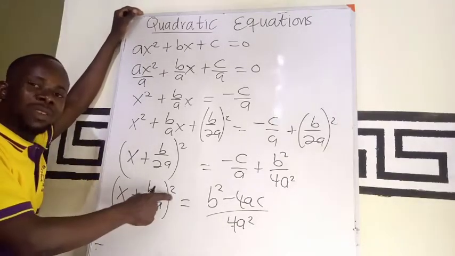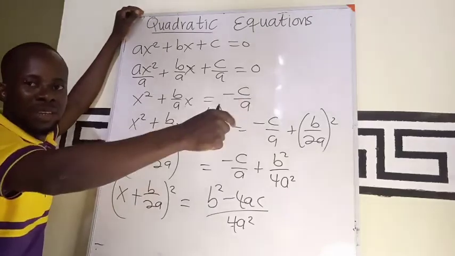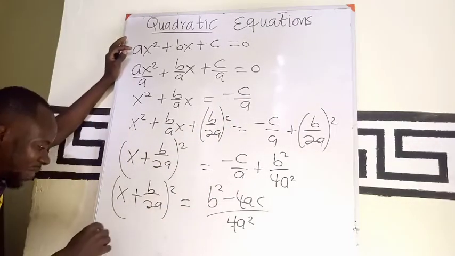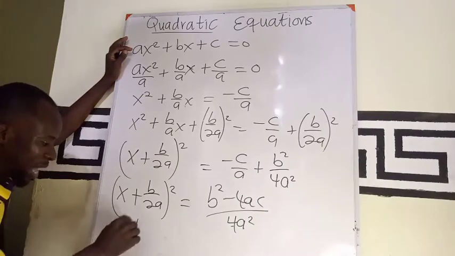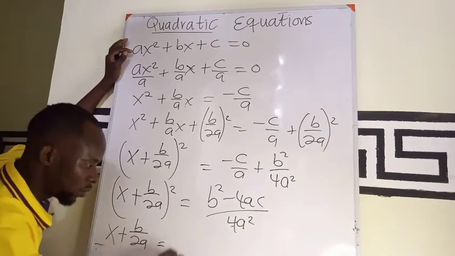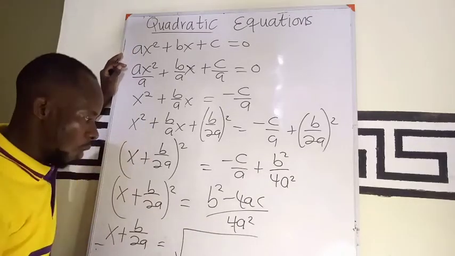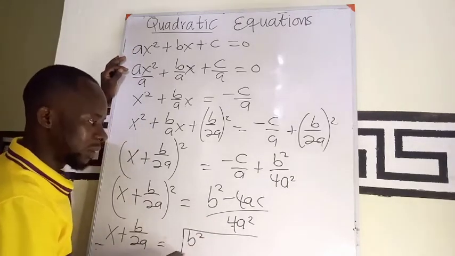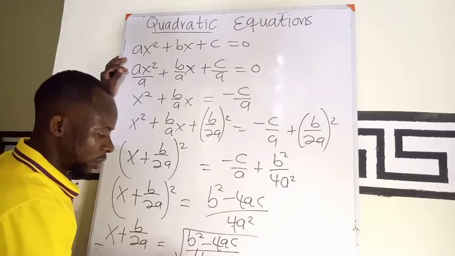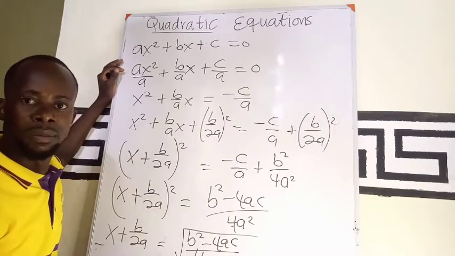I can cancel the square by finding the square root of both sides. So if I find the square root of this and the square root of this, I'll be having x plus b on 2a equals to the square root of my (b squared minus 4ac) all over 4a squared.